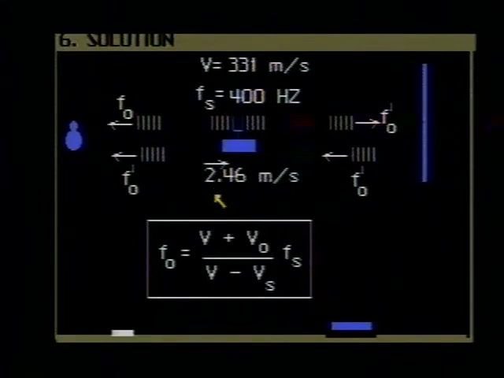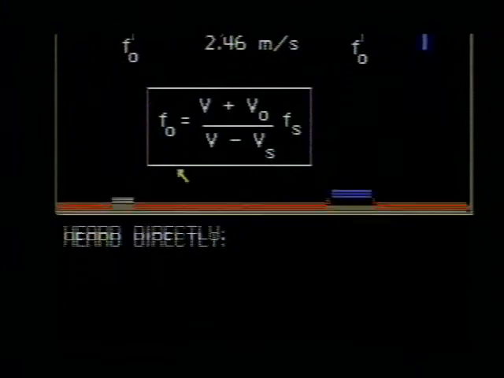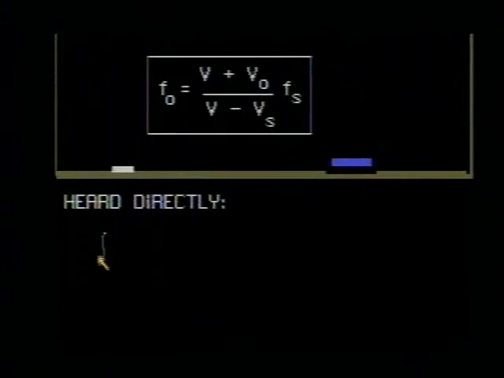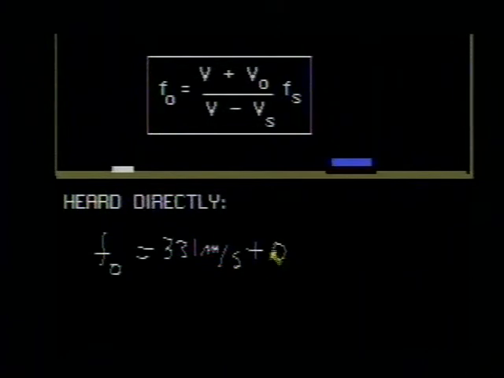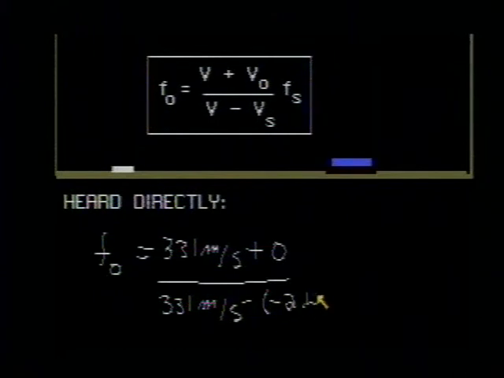Using our equation and putting in these values, we would have f sub 0 is equal to v, 331 meters per second, plus the velocity of the observer, which is 0, divided by 331 meters per second, minus the velocity of the source, which is minus 2.46 meters per second.